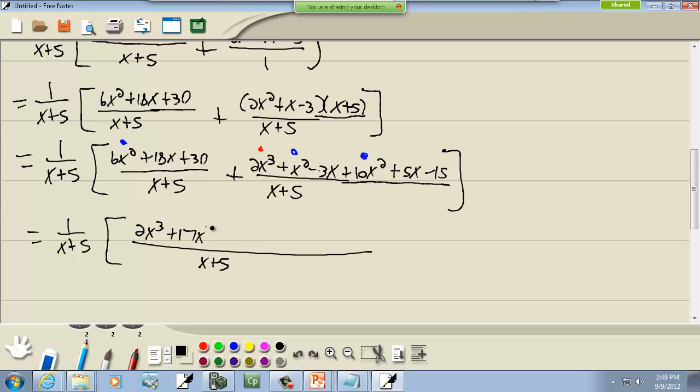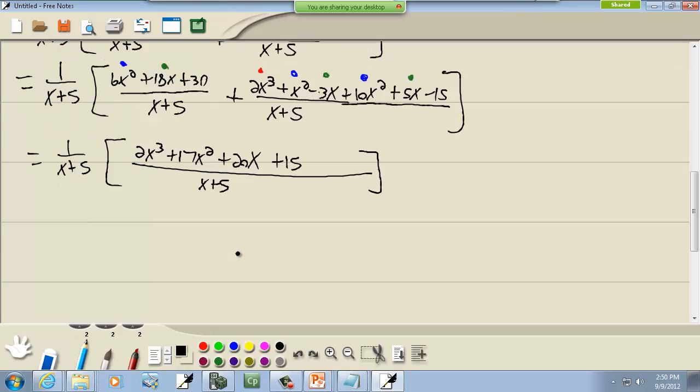So we got 17x squared. Here we got an 18x minus 3x plus 5x. Okay, so 18 minus 3 is 15, plus 5 is 20, so we got 20x. And then we got 30 minus 15, which gives us 15.